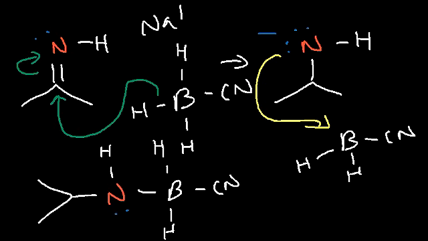Now the sodium ion is still in the solution. When boron has 4 bonds, it still has a negative charge. Now once we acidify the solution, once we either add water or H3O+, then we can get the amine.